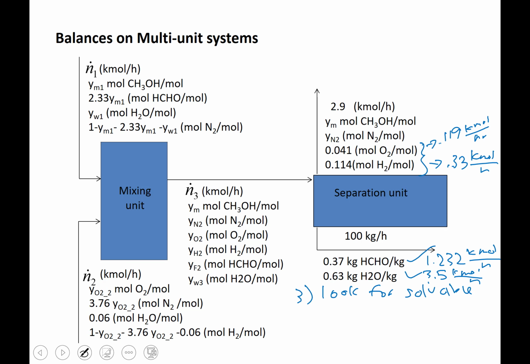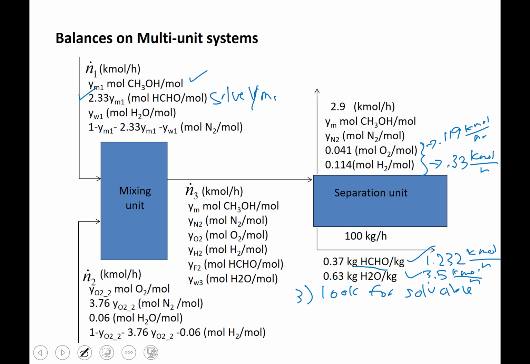The only other place on the chart that we have formaldehyde is here, so we can solve for M1, Y of M1. And once we have Y of M1, then we can get the methanol because we have that mole fraction.